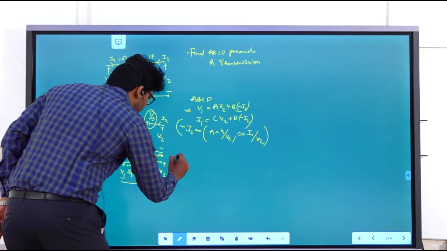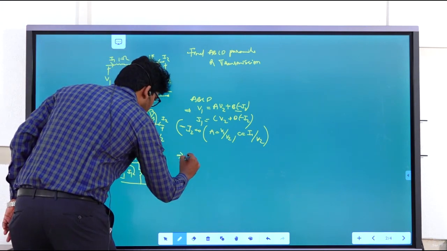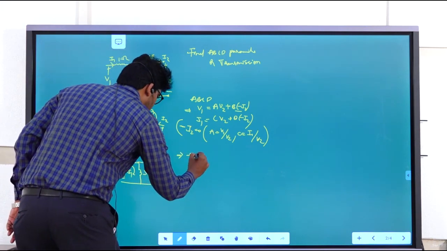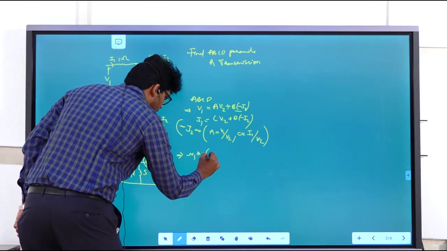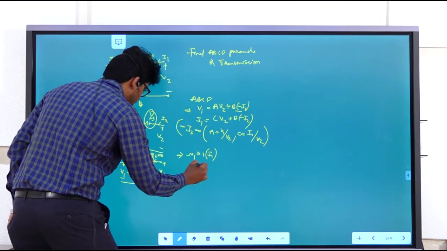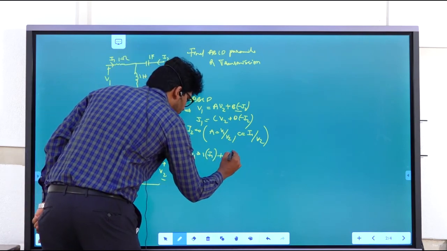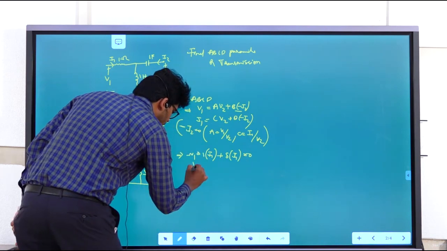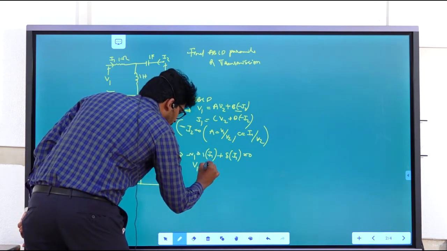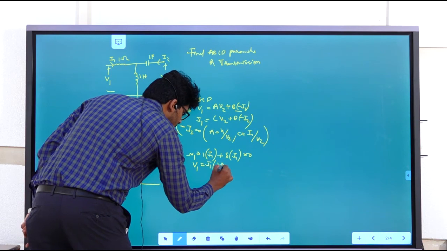So we get the equation, minus V1 plus the loop equation, 1 into I1 plus S into I1 equal to 0. Therefore, we get V1 equal to I1, taking common, 1 plus S.